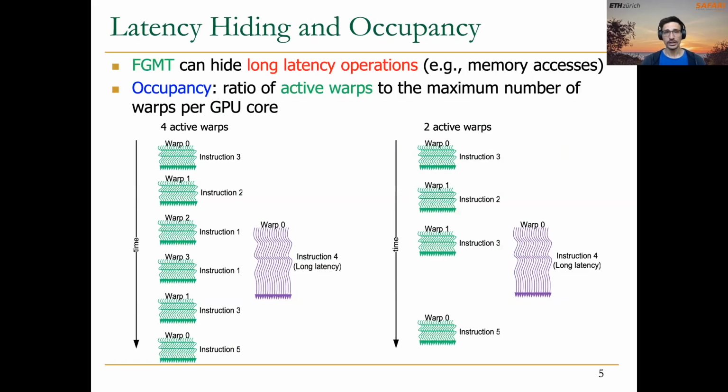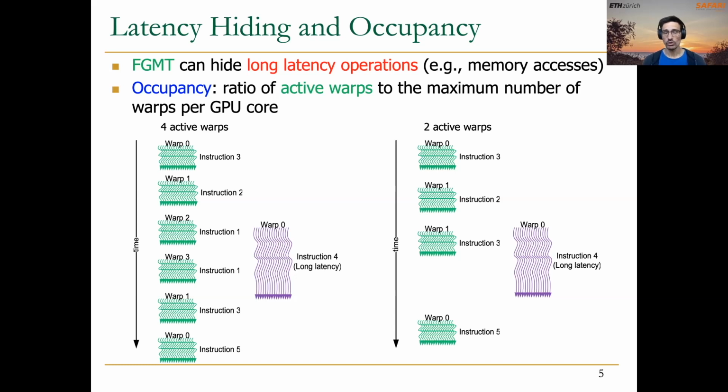Remember as well, regarding GPU program optimization, that it's important to try to take advantage of the latency hiding mechanisms that fine-grained multi-threading architectures provide, and GPUs are fine-grained multi-threaded architectures. This fine-grained multi-threading mechanism allows us to hide long latency operations by executing other operations.